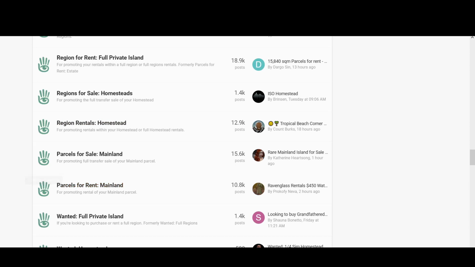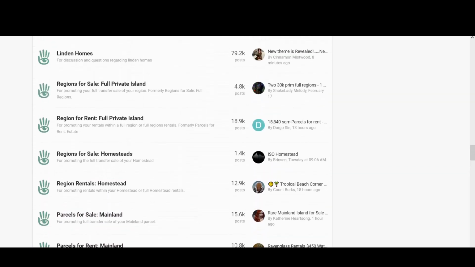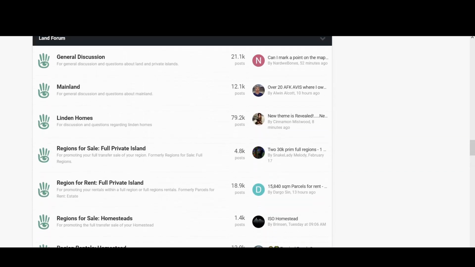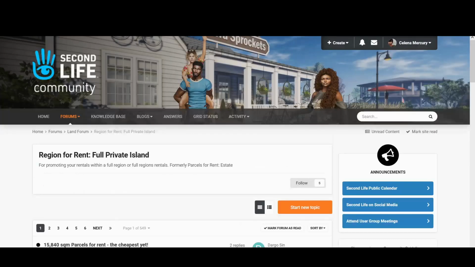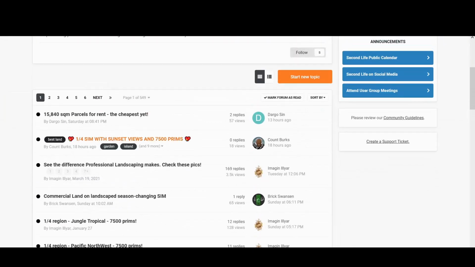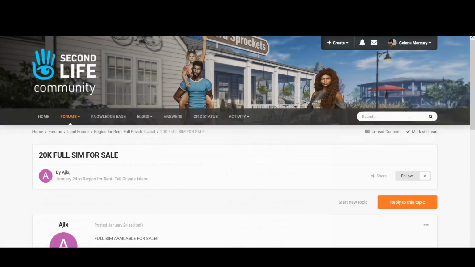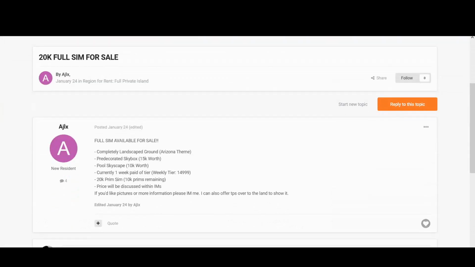And we are, again, concentrating on land, and let's look at regions for rent first. These are larger, and as you can see, there are many choices. Let's check this one out. It's for sale, yet rent.